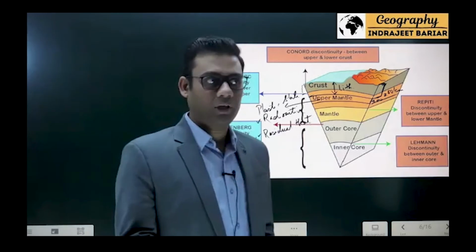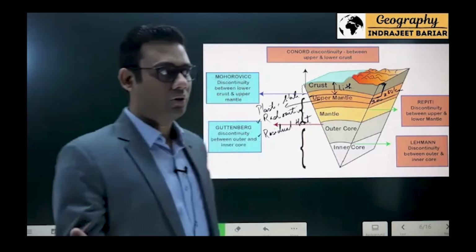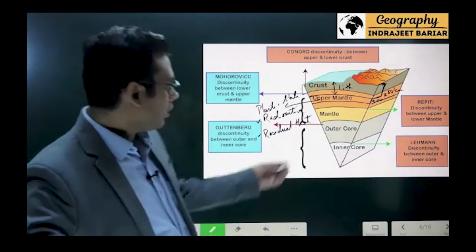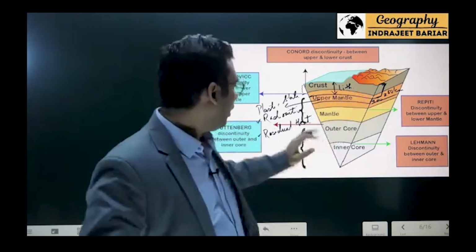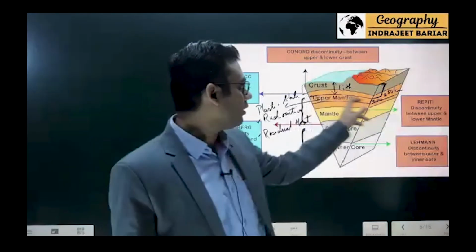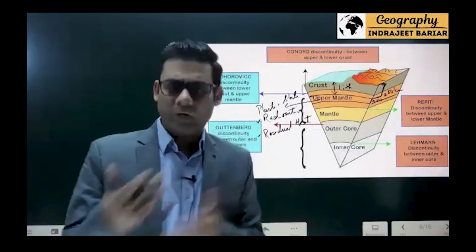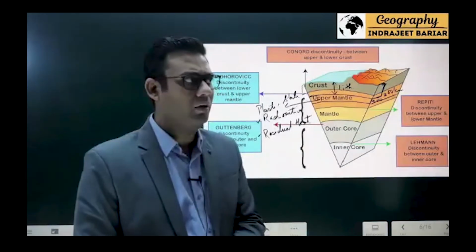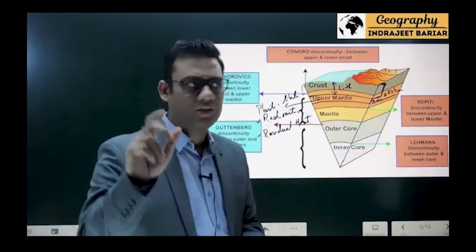Earth was very hot in the beginning, and that's called residual heat. So there is some residual heat in the interiors, along with radioactive materials, and all the heat generated has melted this layer. Not completely, partial melting. So it's like a jelly-like state.